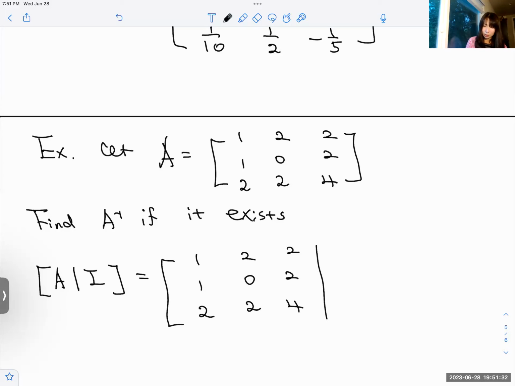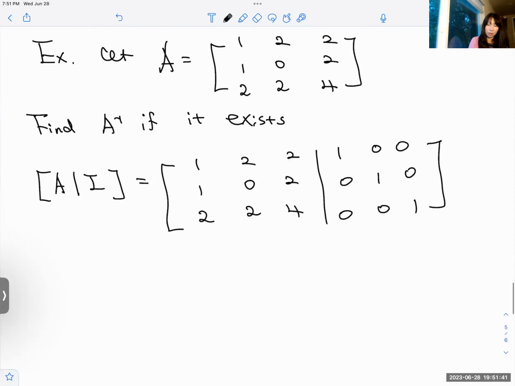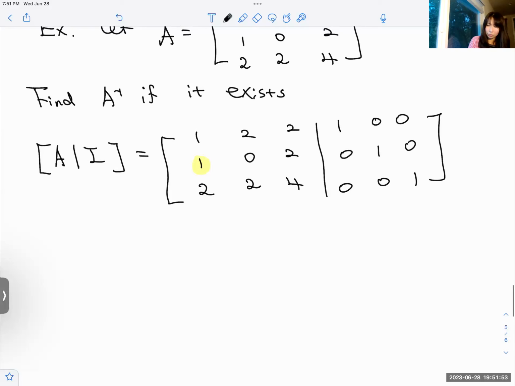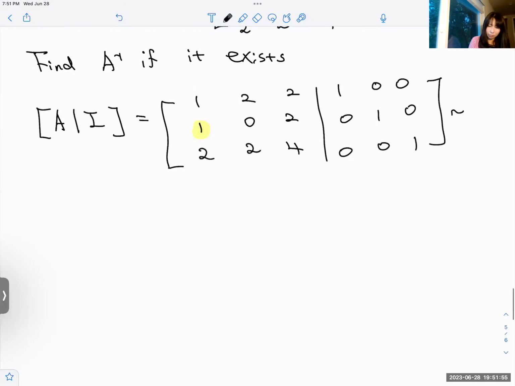All right, identity: 100, 010, 001. First up, always make this one equal to 0, right? Equivalent. How do you make 0?